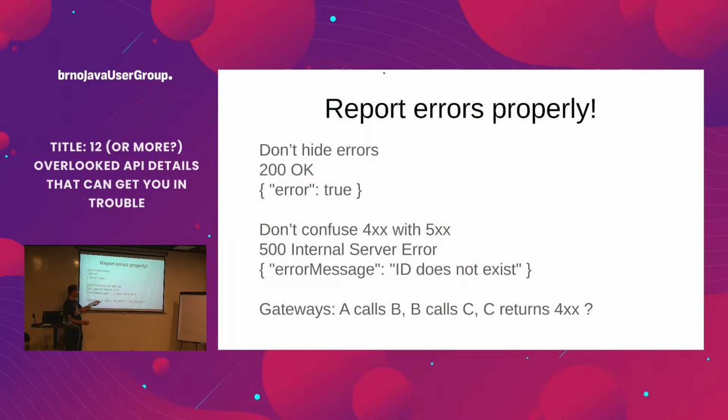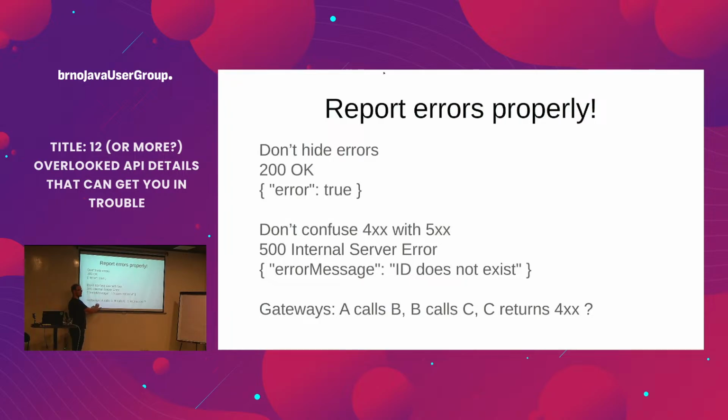But if the request is valid from B's perspective, and C still returns a 400, it means something doesn't match, there's some bug, so in that case it's actually B's fault, and it should return 500 to A. So the point is, gateways are things that translate between two worlds.